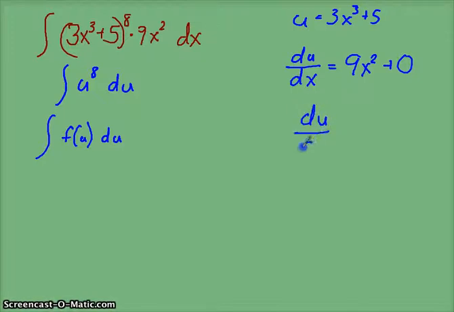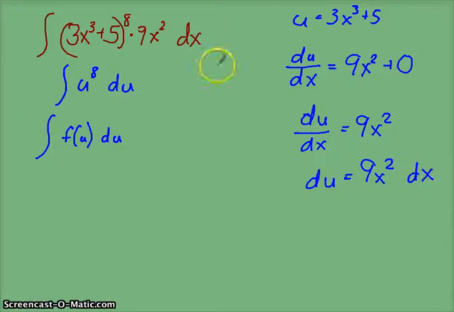So I have this piece, 9x squared. And because we can think of this as divide, I can say du is 9x squared dx. Well, look at what we have here. Here's a 9x squared dx. What's nice, I'm giving you a nice example to begin with, is that this is just a direct substitution.